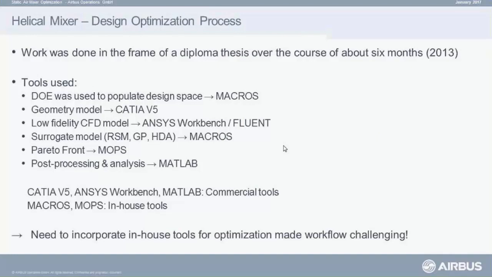I will not go into detail for these tools, as well as commercial tools, such as CATIA version 5, which is used everywhere in our company, and I think it's also used quite much in the automotive industry. Then we used the ANSYS Workbench for the performance of the simulations and the loop with geometry modifications, and MATLAB for doing analysis of surrogate models that were created based on the CFD simulations before.